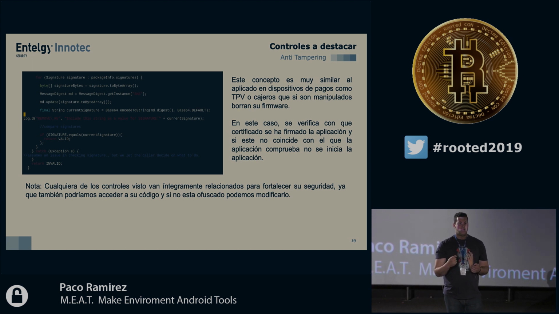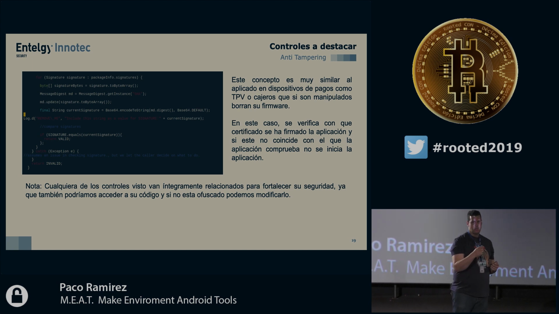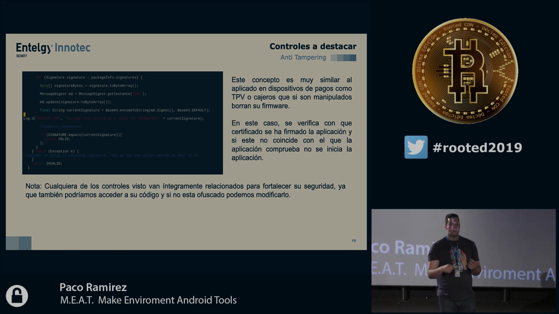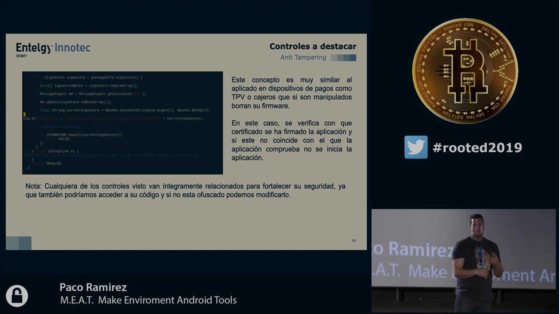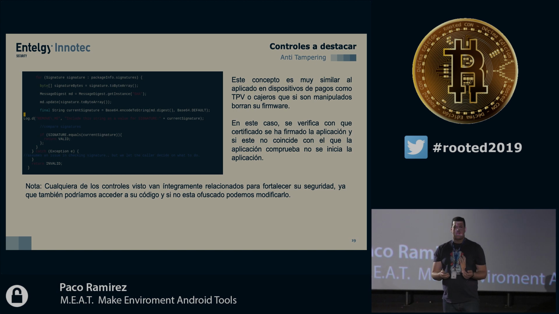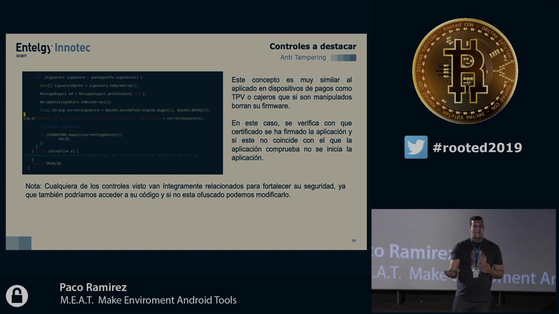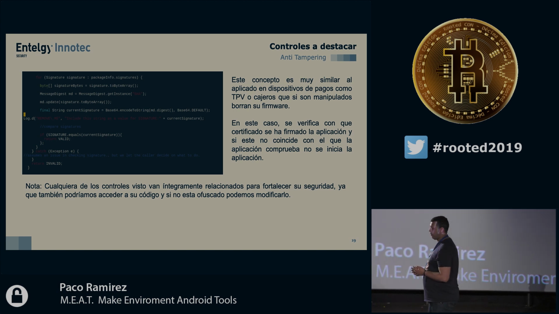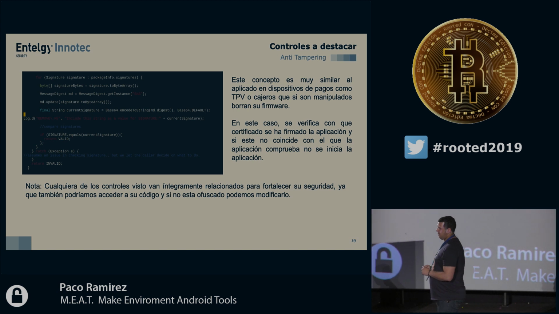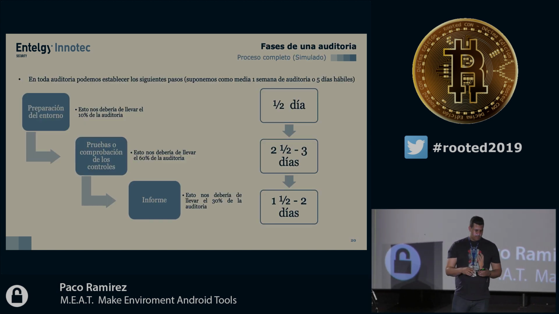If I verify the developer certificate, and this certificate is not exactly the same as the original, I cannot continue using the application. So the problem is this is very difficult, because either I modify the function or I steal the certificate from the developer, which is extremely difficult.